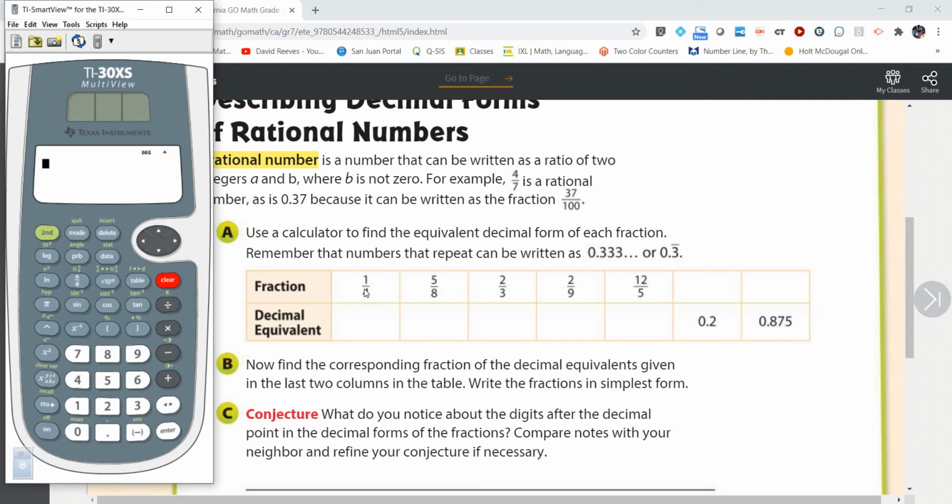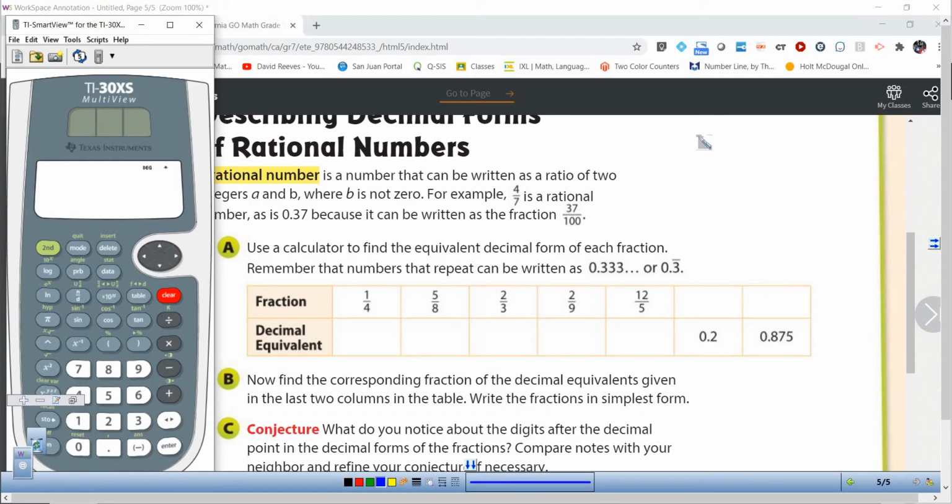Okay, so they have here a table of fractions: 1/4, 5/8, 2/3, 2/9, and 12/5, and then down here they have a couple decimals. And it says use a calculator to find the equivalent decimal. Well, how do you do that? Well, real quick, before we actually use our calculator, let's talk about some fraction and decimal equivalents we should know.